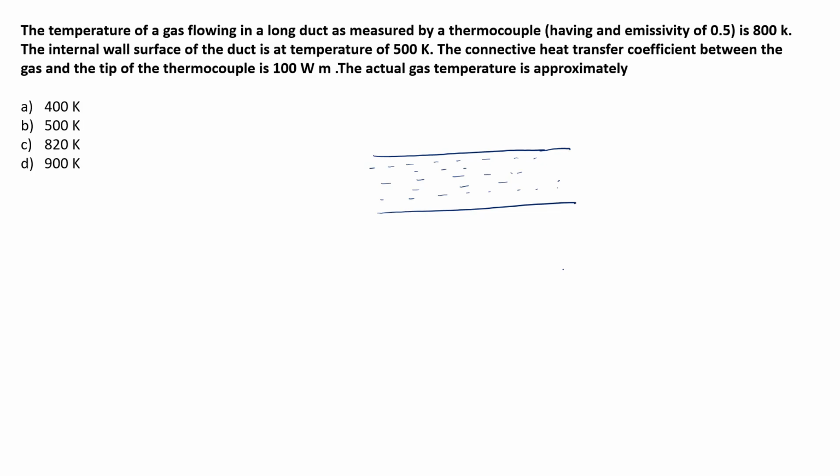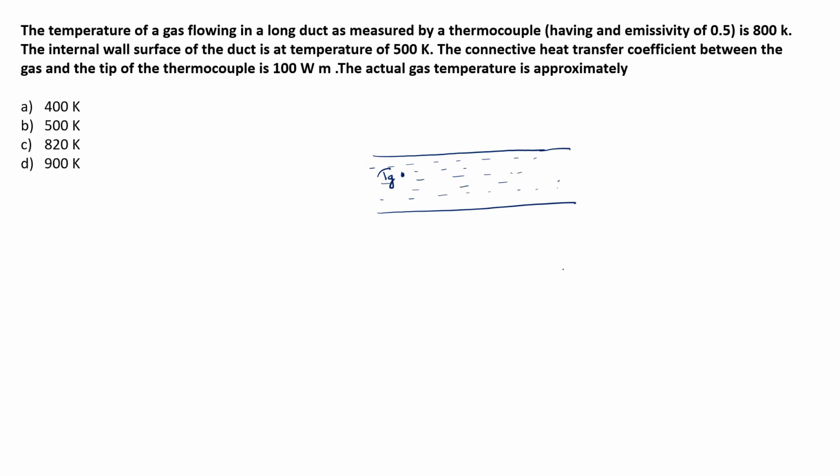What the thermocouple is showing is because of the losses happening over there. Because some heat is being lost, it shows another temperature that just gets maintained after compensation of this loss. Let the temperature of this gas be Tg.